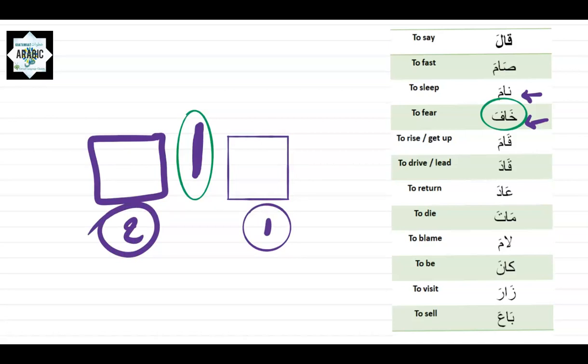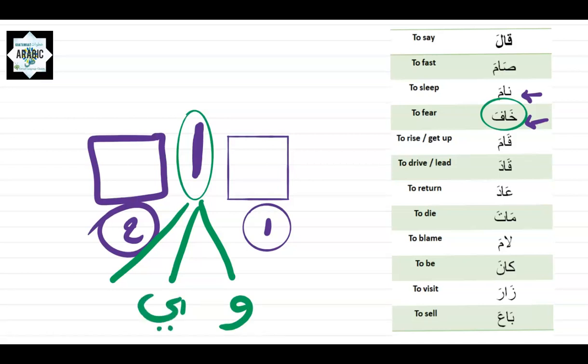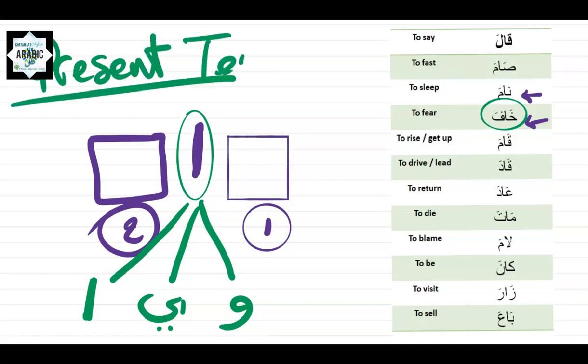Then what happens is that this alif could have 3 different transformations. The first one, it could become a waaw, then it could become ya, and it could remain as it is by keeping the alif in the rest of the verb conjugation. The examples we looked at are all conjugated in the present tense.